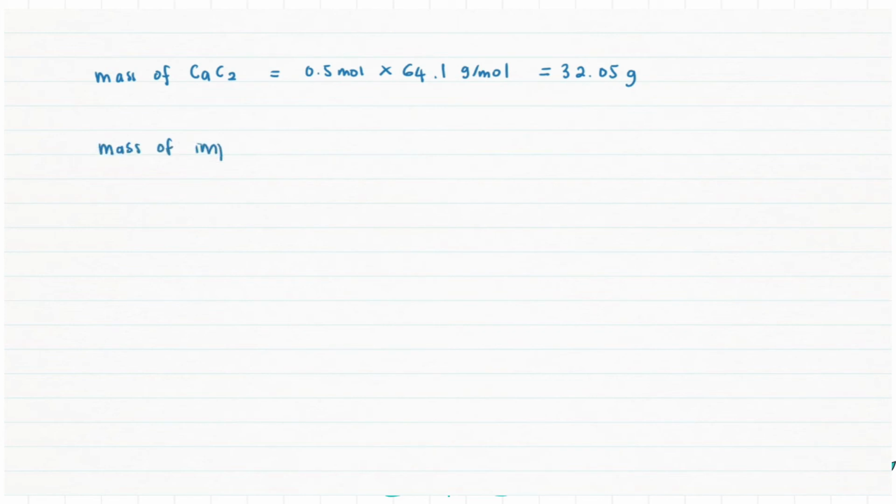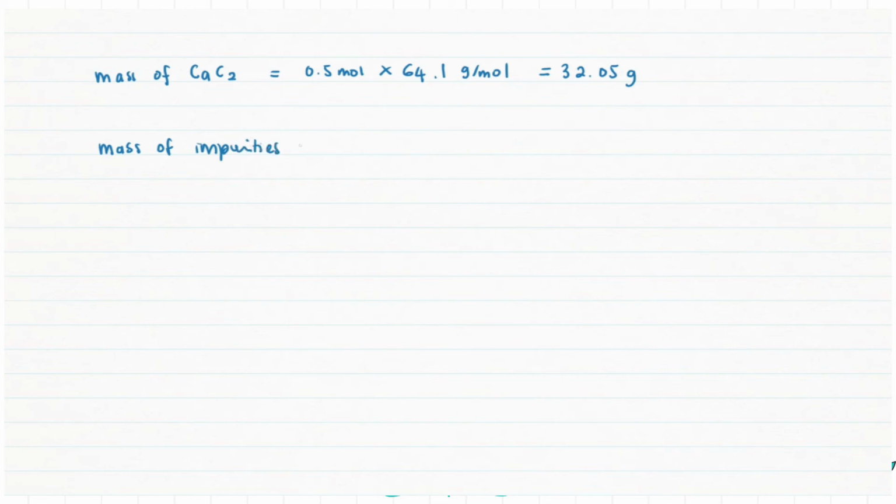Mass of CaC2 is equal to 0.5 mole times its molar mass, 64.1 gram per mole. So you will get 32.05 gram. This is the mass of pure CaC2. Then we can calculate the mass of impurities.